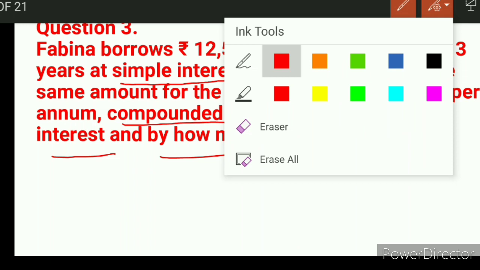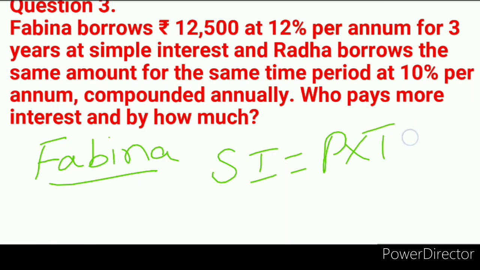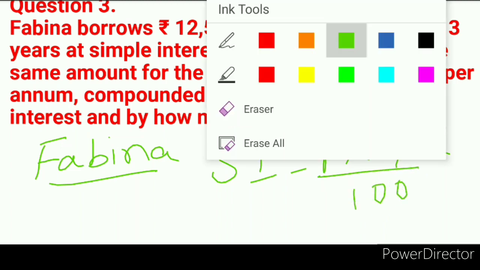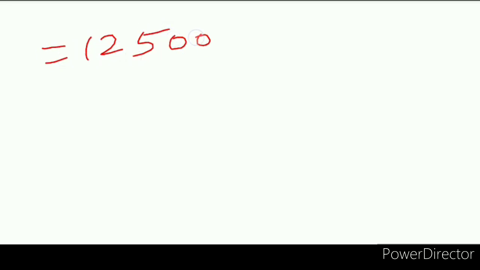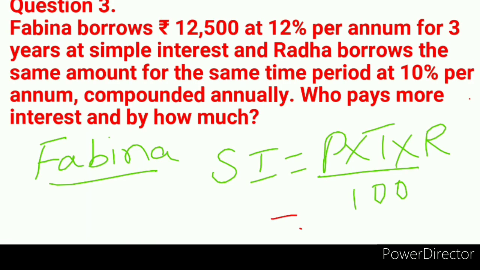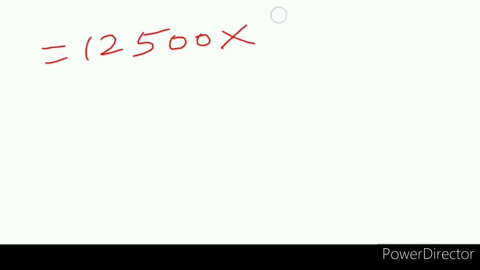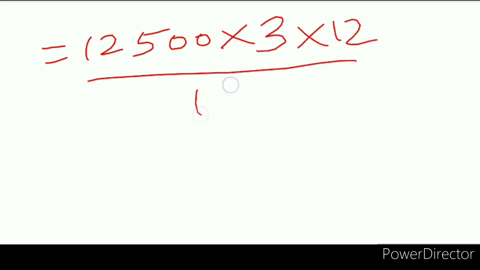Let's start. First, simple interest is equal to P into T into R by 100. Substitution we'll do on the next page, there is no space. 12,500 into 12% rate and 3 years, 12 by 100. 20 cancelled.